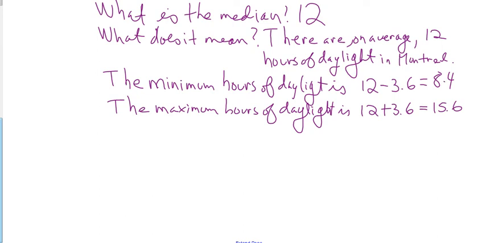From the middle minus the amplitude. We've got D plus A to get the maximum. What else is left? So we got the median. So we've dealt with D, we've dealt with A. We've interpreted what D means. The A just means there's a swing of 3.6 hours of daylight above or below the median. So we got B. So what's the period?